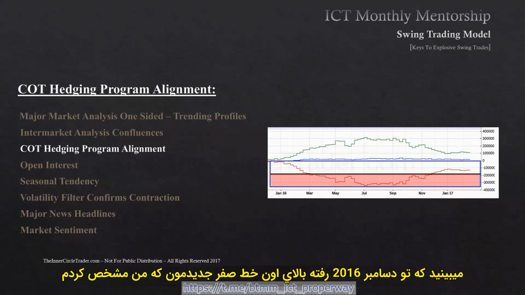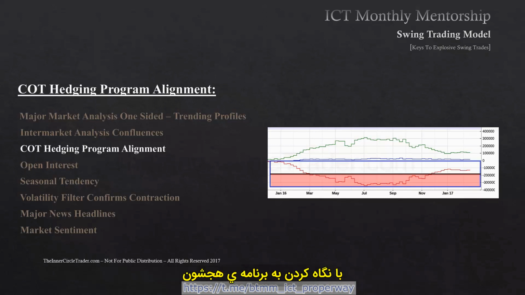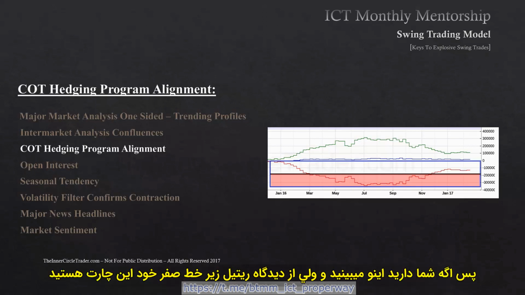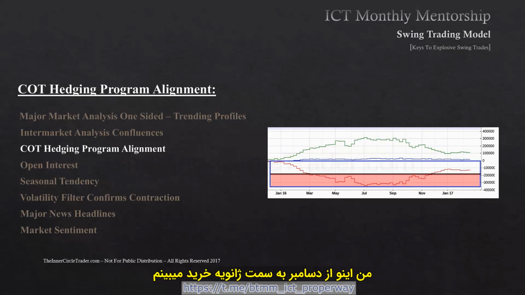You can see in December of 2016, we went above that new adjusted or makeshift zero line, as I'm indicating here, by looking at their hedging program. So they were buying again aggressively in December. So if we see this, even though they're below the net sum zero line from a net trader's position chart, from everyone's perspective in the retail world, I see that as buying in December going into January, and still presently now they're buying.